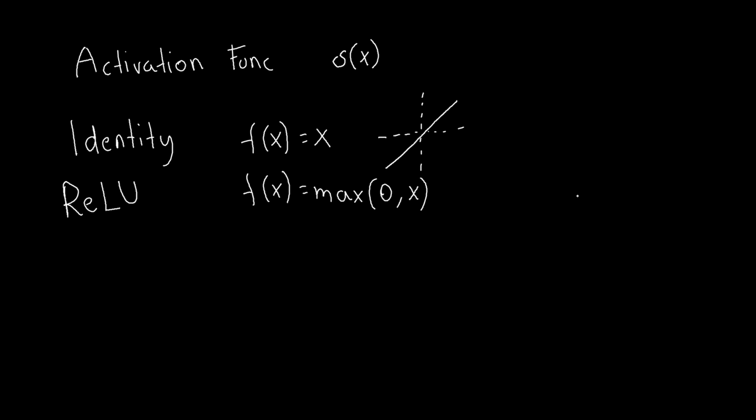If these are the axis lines, this function will be 0 if x is below 0, and if we have x greater or equal than 0, the function will be x. So it's similar to the identity, but we have here a straight line.